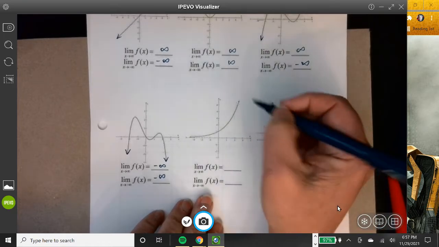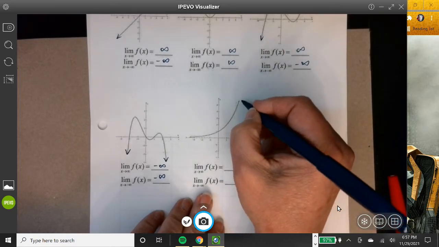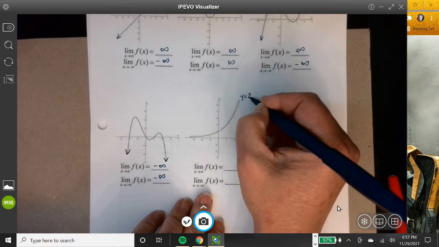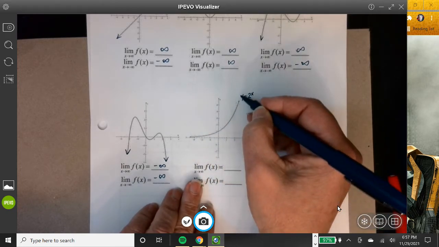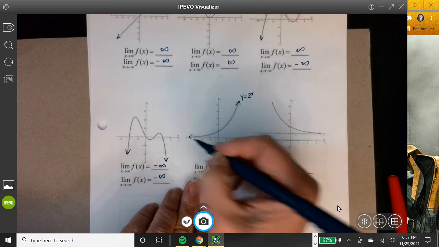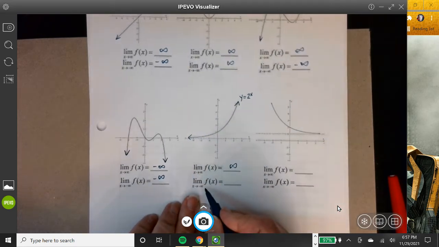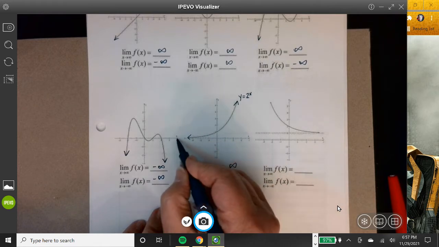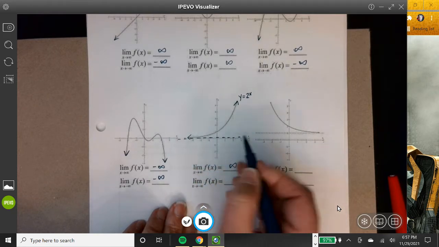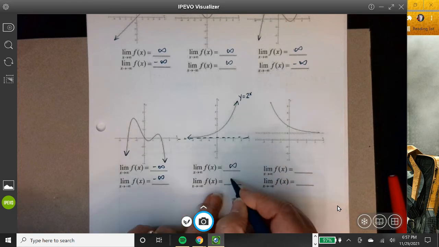All right, this is y equals 2 to the x. So as x goes to positive infinity, the y is headed towards infinity. The limit as x goes to negative infinity, the y is headed towards, now this is an asymptote here, that's right, I heard it from the back, is 0.